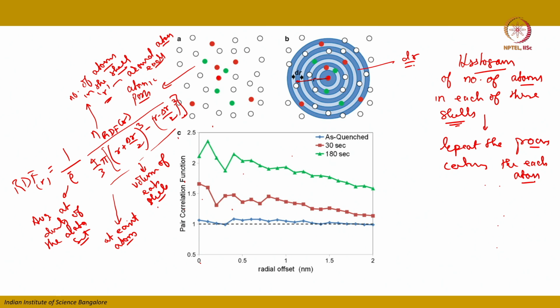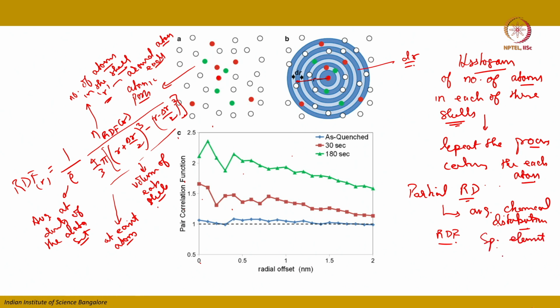Based on this, there is another term which we call the partial radial distribution. What is partial? It is the PRDF, which is an average chemical distribution. What does that mean? It is the RDF analysis confined to the distribution of a specific element in the system, not all the elements.